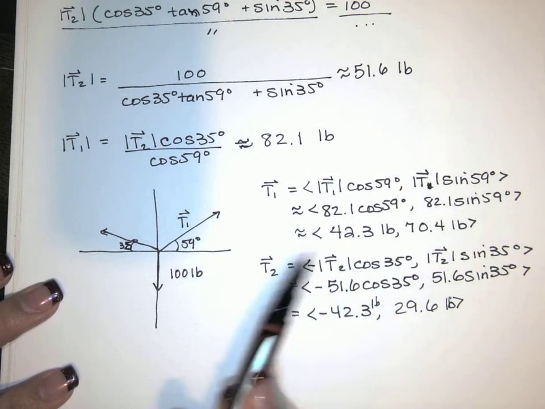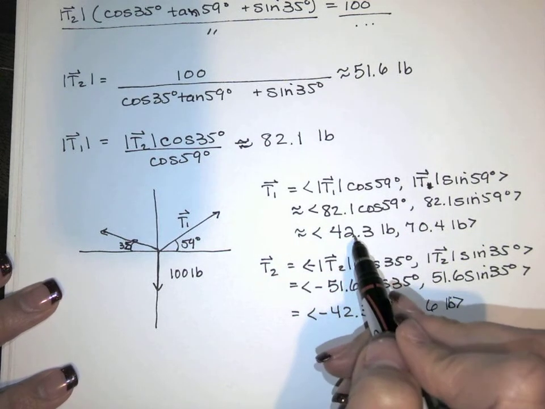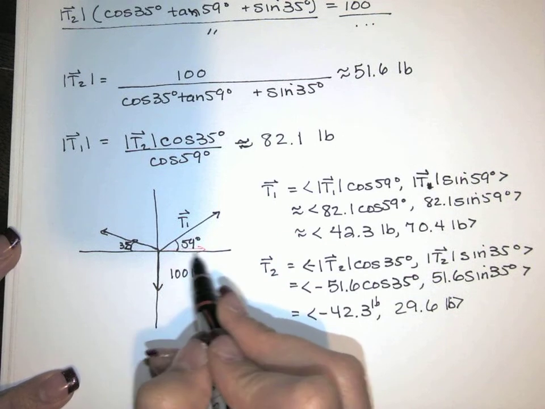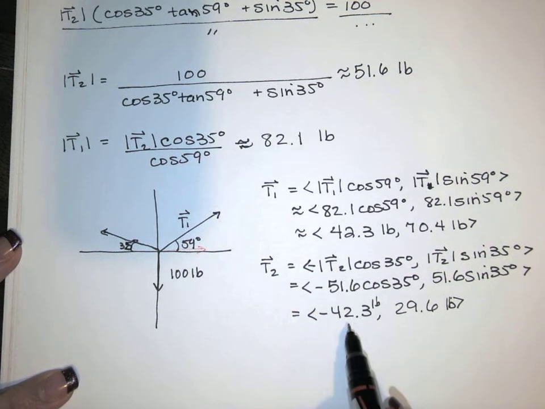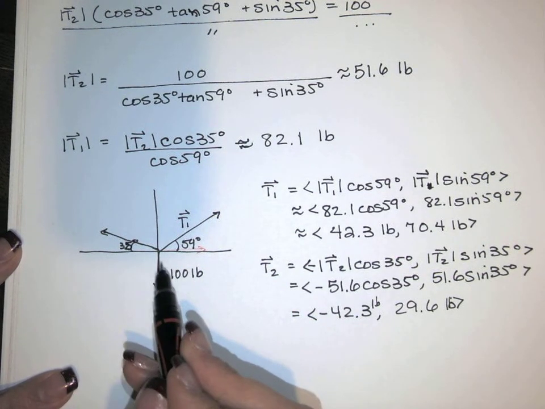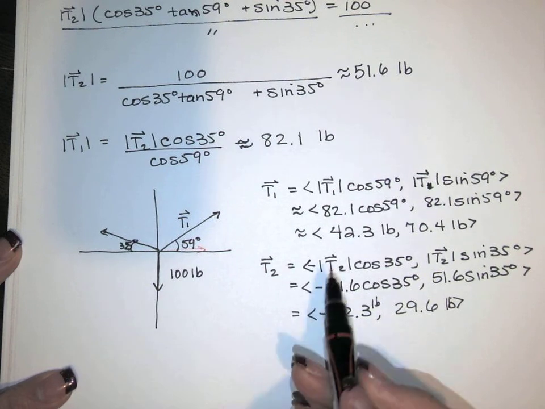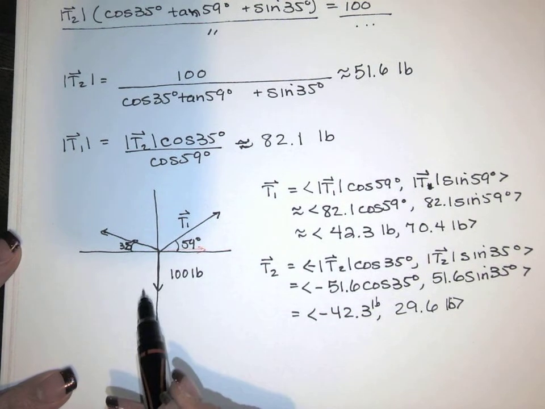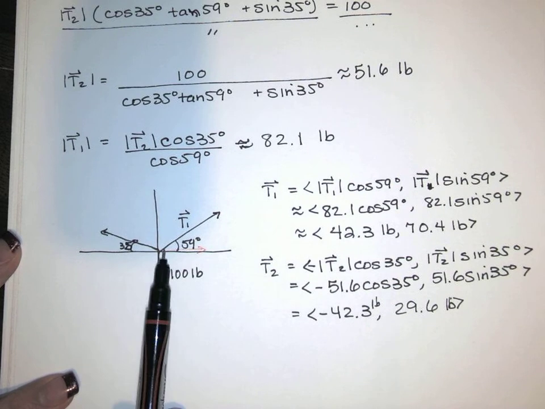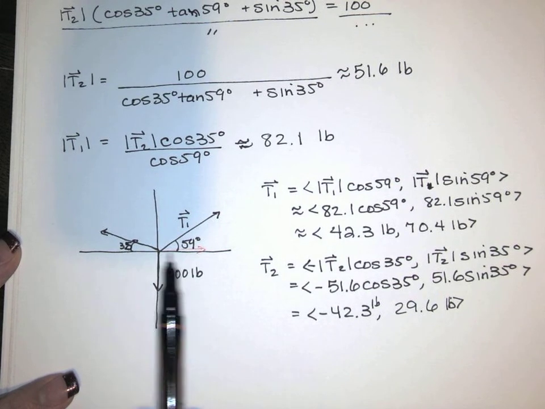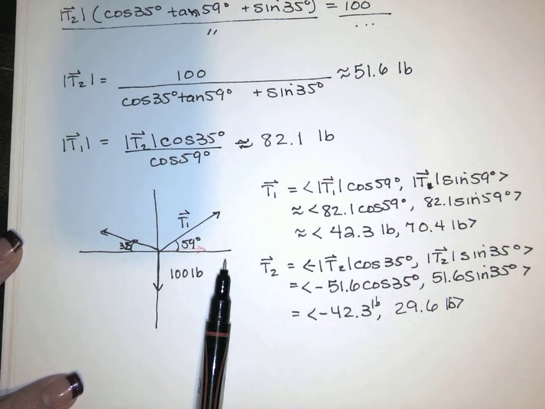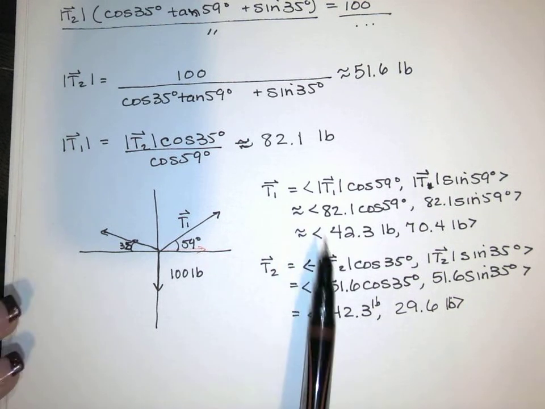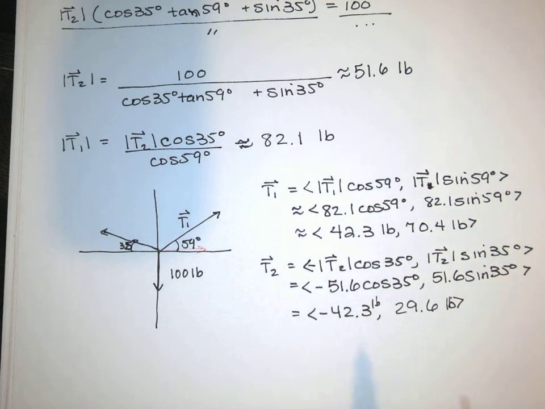They say T1 is pulling 42.3 units in this direction. That's how many pounds of force are pulling this way. And T2 is pulling with negative 42.3 pounds of force that way. So does that balance that? Yes, and that's good because the thing's only moving up and down, right? It's actually not moving at all. But the sum of forces in the x direction is 0. Since we're not moving to the left or to the right, there's no tug of war. Everything is balanced out. Those two should be opposite of each other, and they are, so that's a very good thing.